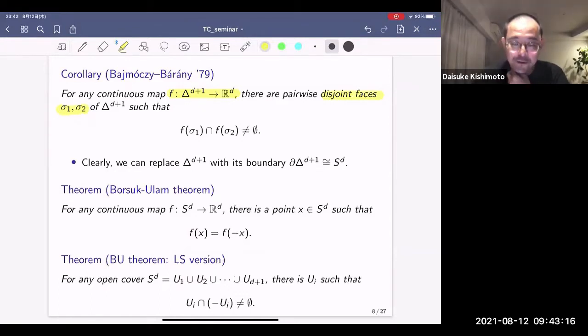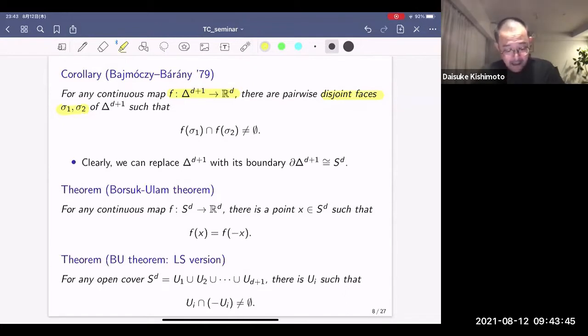Of course, we are assuming that S^D is the unit sphere in R^(D+1). These antipodal points correspond to disjoint faces in the boundary of the D plus 1 simplex, so the topological Radon theorem is a combinatorial counterpart of the Borsuk-Ulam theorem.